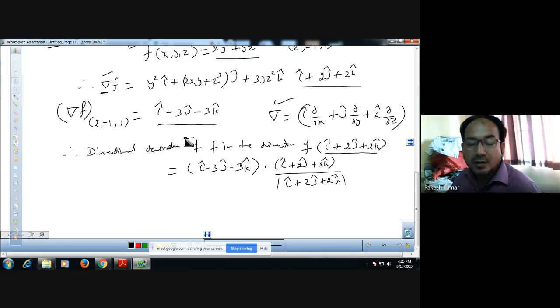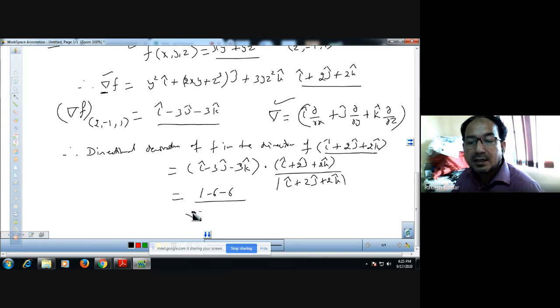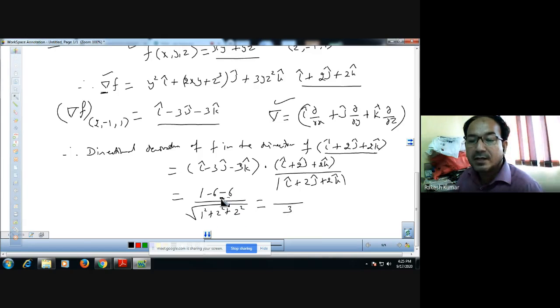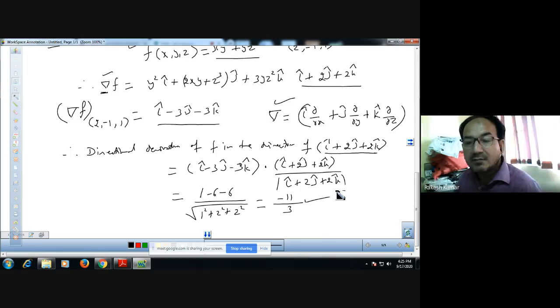So you can find out the dot product now. i dot i is 1, so minus 3 into 2, that will come out to minus 6, and minus 3 into 2 is again minus 6, and divided by square root of 1 square, 2 square and 2 square. Denominator is 9 and square root of 9 is 3, and this comes out to be minus 11. So ultimately what will come out to be minus 11 upon 3.